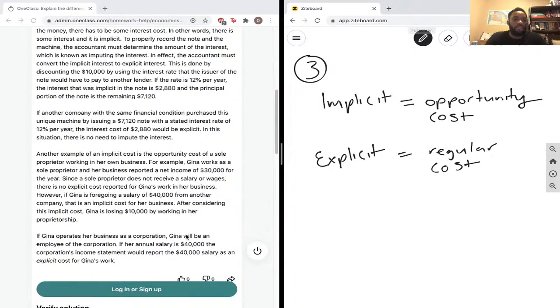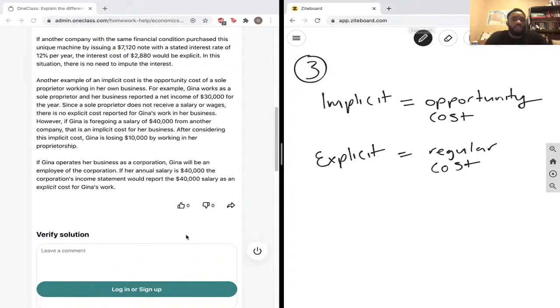If another company with the same financial condition purchased the unique machine by issuing a $7,120 note with a stated interest of 12% per year, the interest cost of $2,880 would be explicit. In this situation, there is no need to impute the interest.